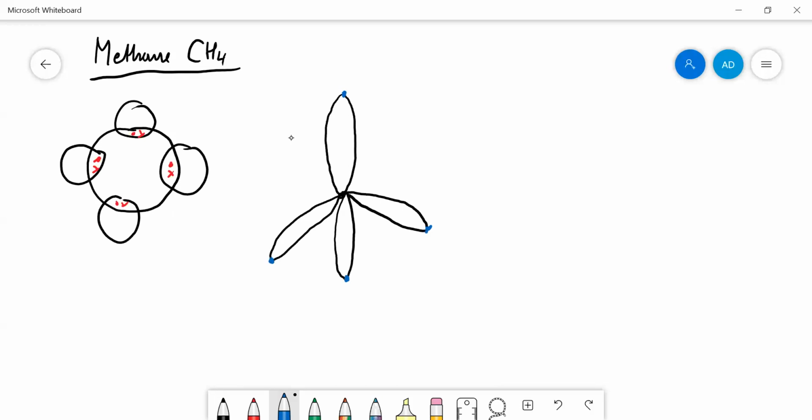Sometimes people draw it like this. So you have your carbon there. This is one of your orbitals sticking up here to the hydrogen. You've got another one in the plane of the paper, and this one I'm going to draw like that, which means it's coming out towards you. And the last one is a dotted line, which means it's going back away from you.